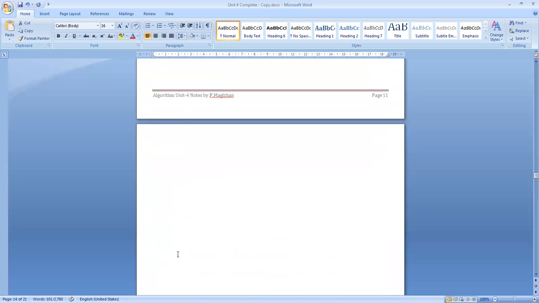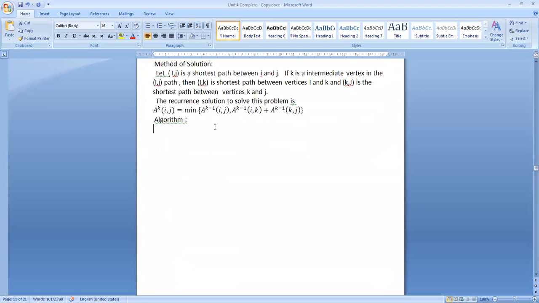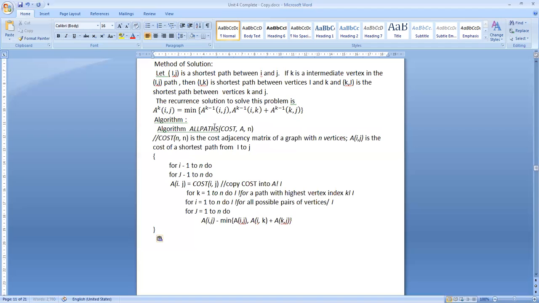You see, the name of the algorithm is All Paths, where C is the cost matrix, n is the number of vertices, and A is the stage at which we are improving the shortest path.